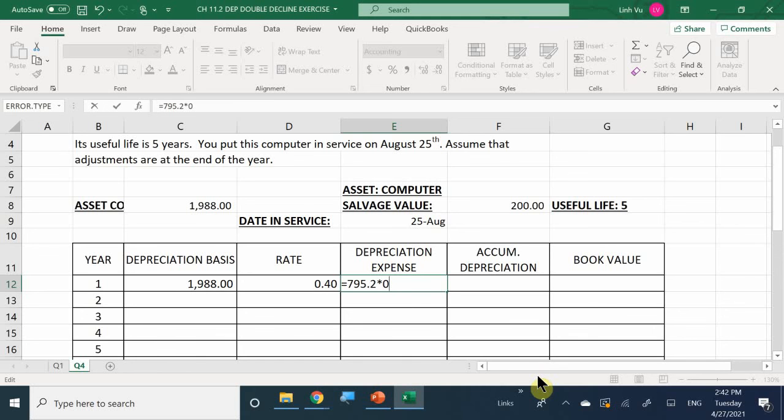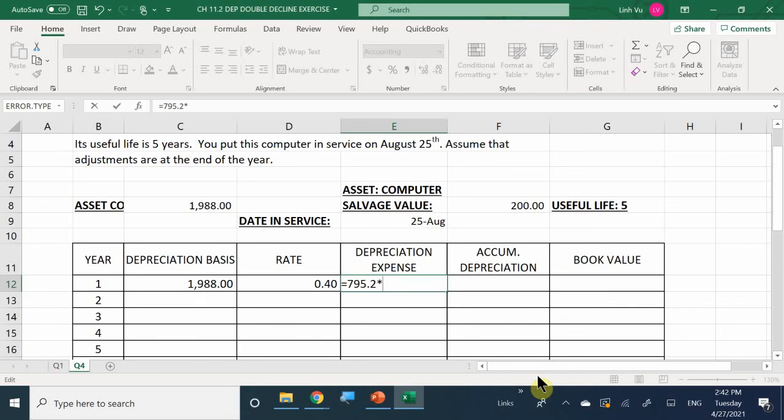Now, if you don't want to use decimals, because if you don't type enough 3s, the easiest way to understand this is you can simply put in the fraction right then and there. So right here, I'm taking my 795.20, that's how much my depreciation expense was for that year.